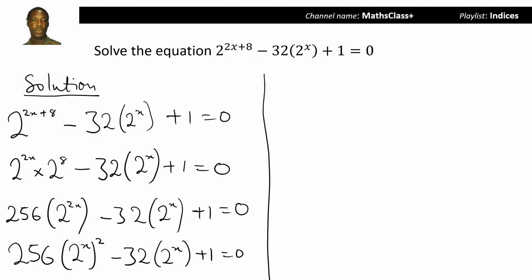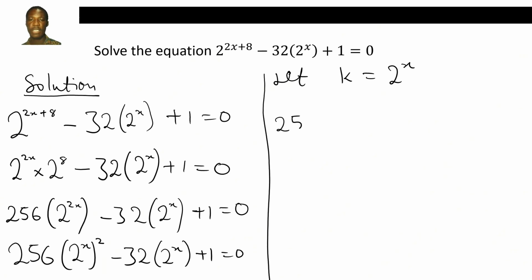So now I'm going to let k be equal to 2 to the power x. That gives me 256k squared minus 32k plus 1 equals 0.